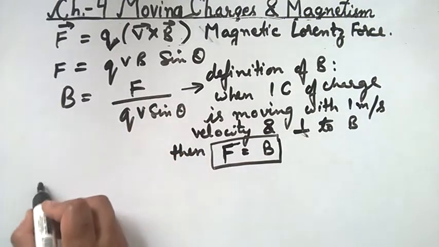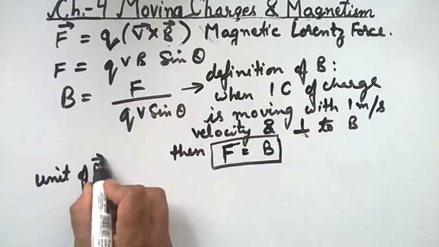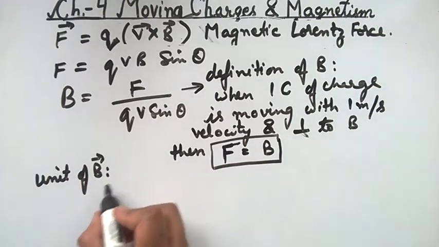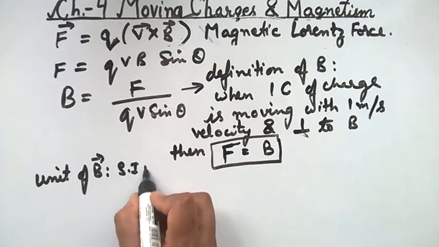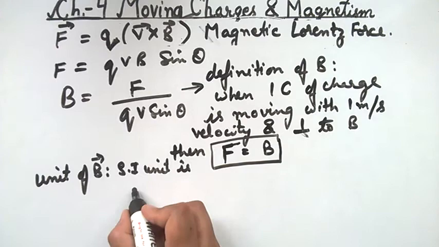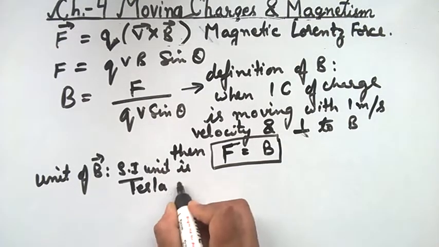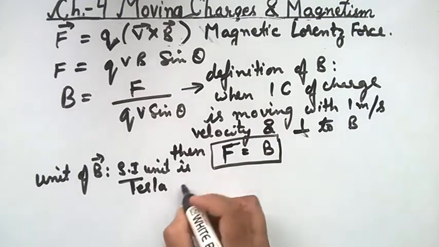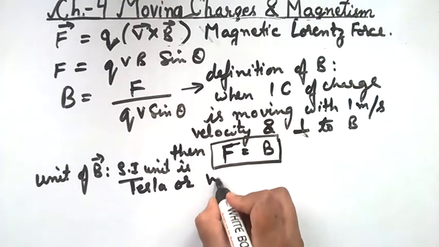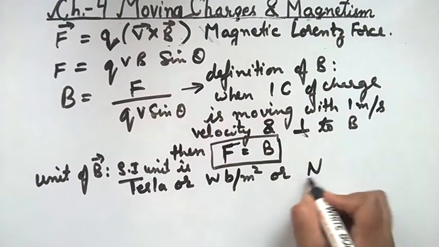Now units of magnetic field. SI unit of magnetic field is Tesla, it's a bigger unit. Tesla can also be written as Weber per meter square or Newton upon ampere meter.